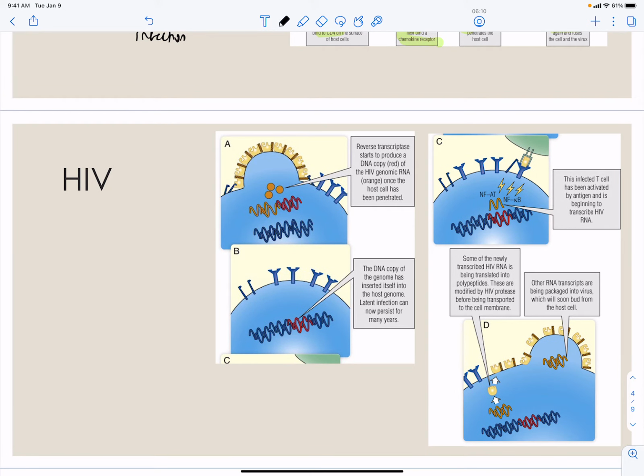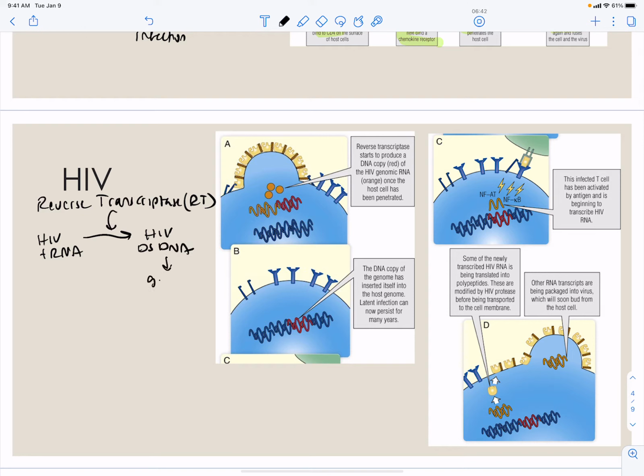Now, HIV has reverse transcriptase, which is called RT. And this is basically going to allow it to go from HIV plus RNA to HIV double-stranded DNA. And then this can get into the genome. Now, with the reverse transcriptase, you have errors, and there is no correction.